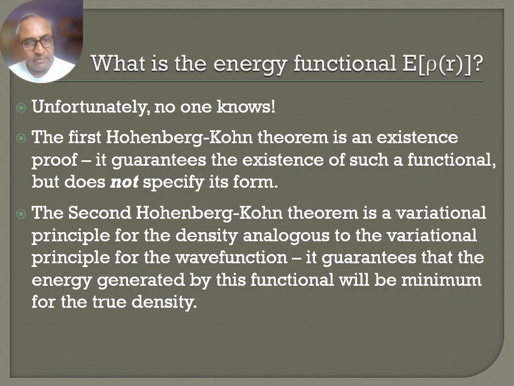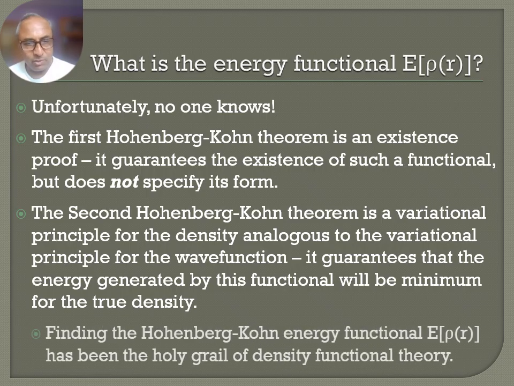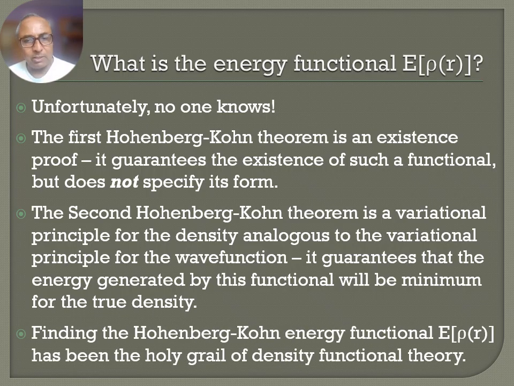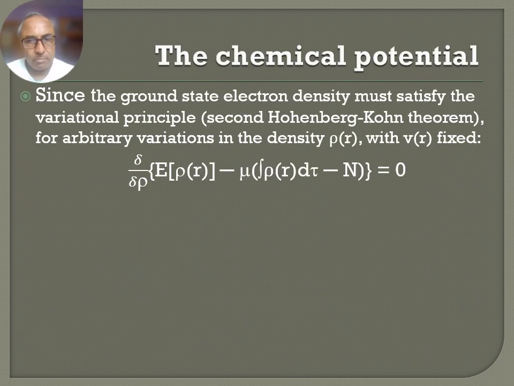It guarantees that the energy generated by this functional will be minimum for the true density, but again it does not specify what the functional is going to be. Finding the Hohenberg-Kohn energy functional E of rho of R has been the holy grail of density functional theory.